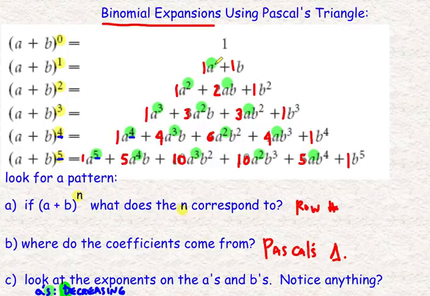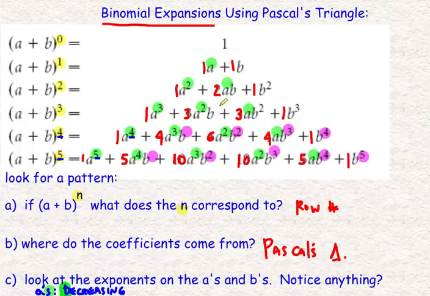All right, so the B exponents, well, there aren't any B's at first, so that would mean a B to the 0. This is a B to the first, B squared, B to the third, B to the fourth, B to the fifth. Or here, this is a B to the 0, B to the first, B squared, B to the third, B to the fourth.